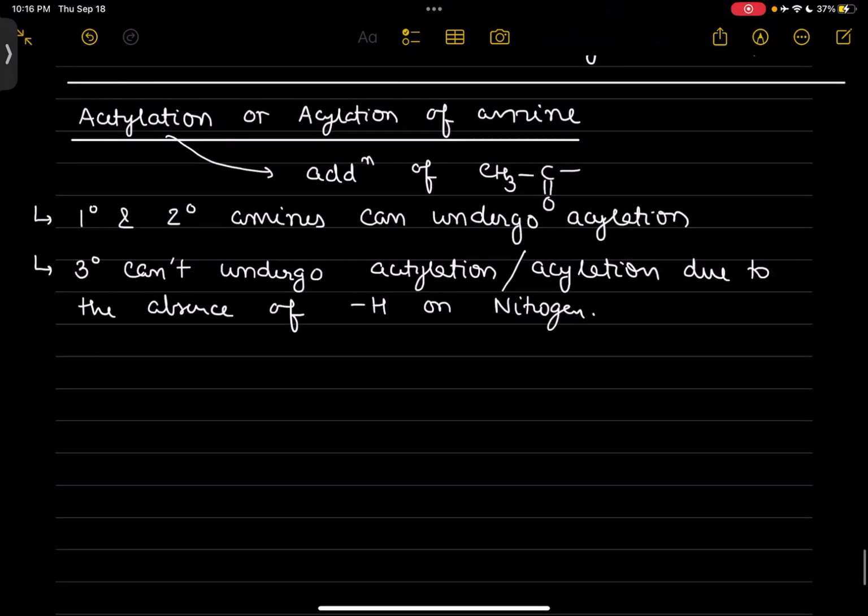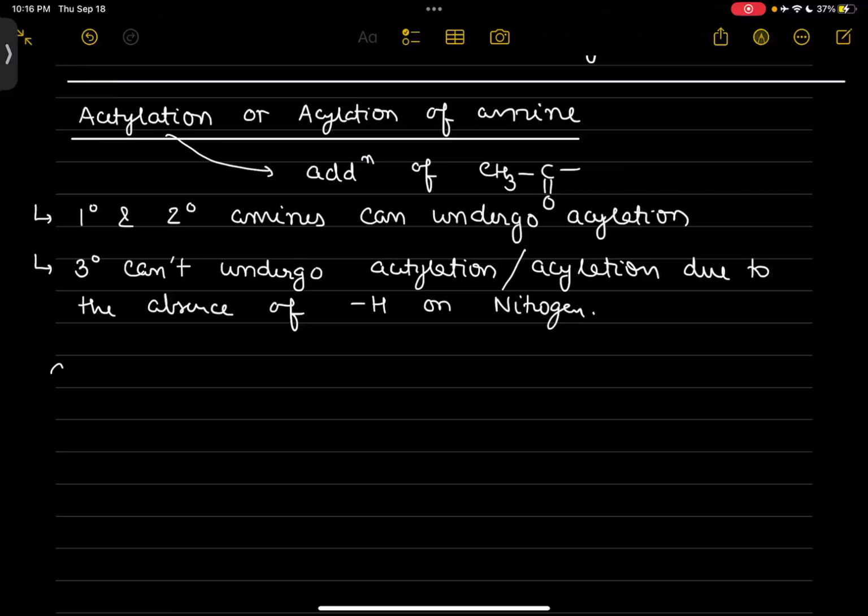So look how it happens. Suppose you have taken an amine and you have taken CH3COCl. This is the acetylating agent or acylating agent. You take some base.